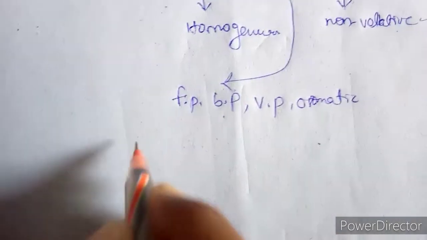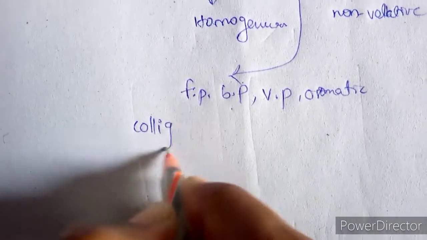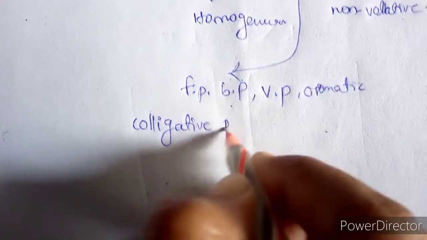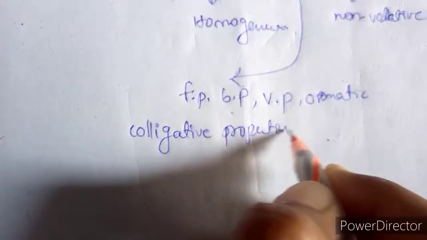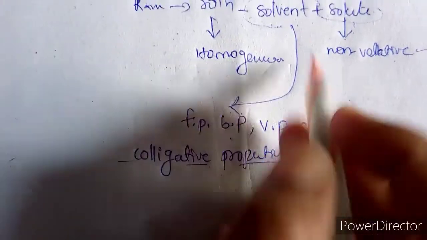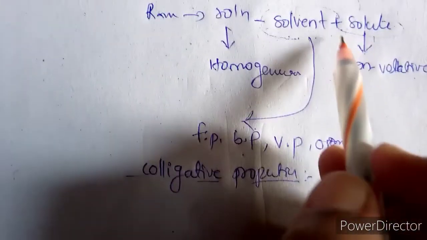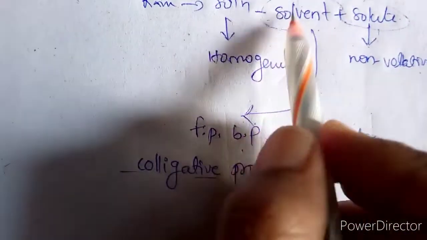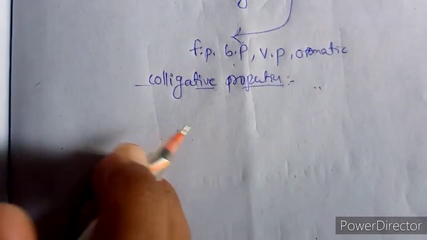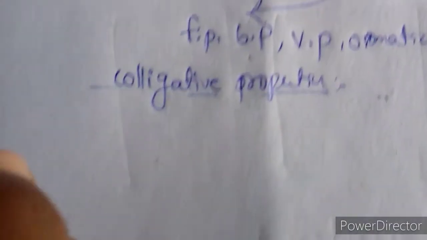So these are called colligative properties. What are colligative properties? The properties of a solvent which change due to the addition of solute particles are called colligative properties.